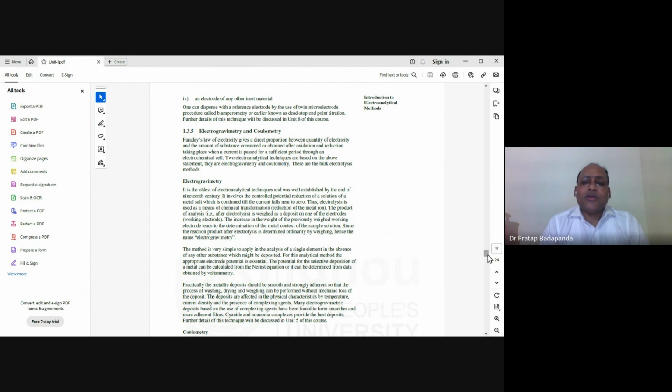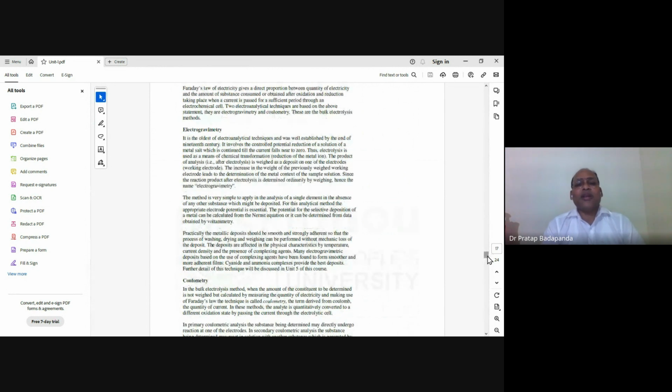When a unit of current is passed for a time period in the electrochemical cell, two electroanalytic techniques are based on these statements. They are electrogravimetric and coulometric. These two are based on Faraday's law of electrolysis.